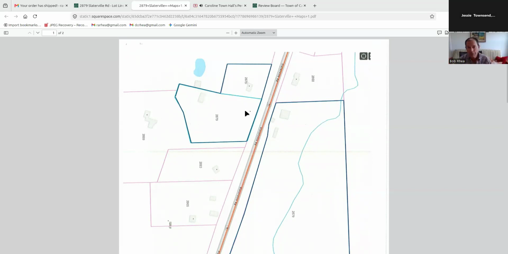If you approve this as a minor subdivision, this could be a separate lot, but the application is for a lot line adjustment. So you're approving this means the owner has permission from the town to go and register this as a separate lot from this, and this merged with that one.